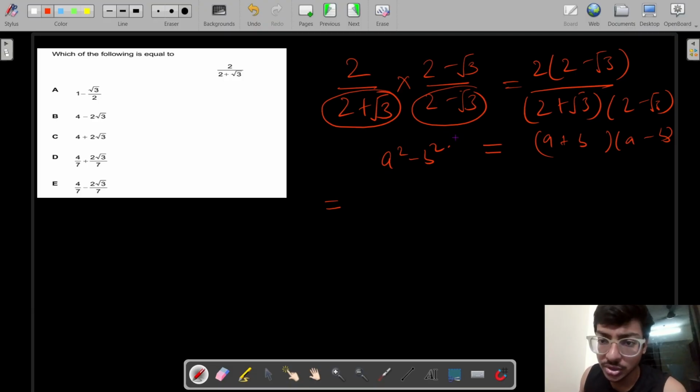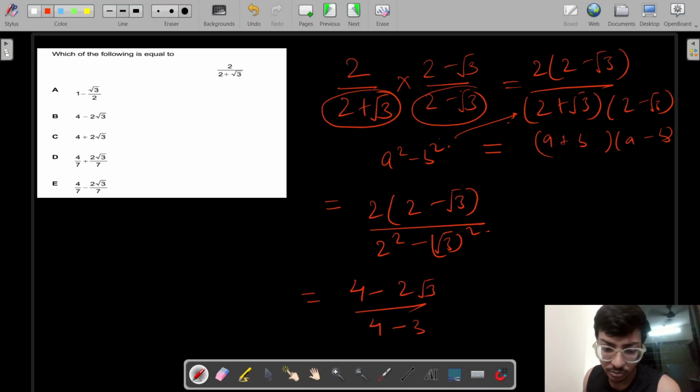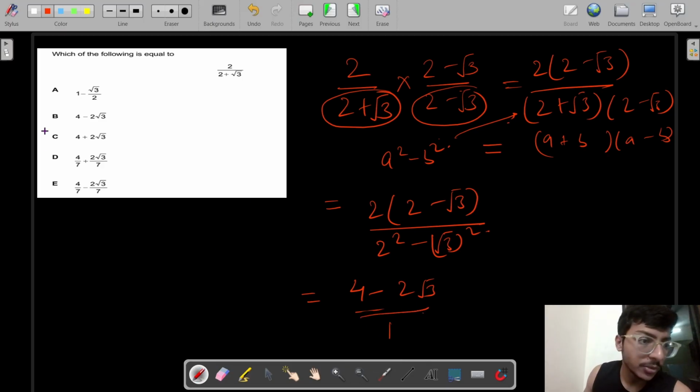So I simply use this identity here, and my simplified expression will be 2 into 2 minus root 3 upon 2 squared minus root 3 squared. Fine. So it will be equal to 4 minus 2 root 3 upon 4 minus 3, which is 1. So my correct answer will be 4 minus 2 root 3. Option B is correct.